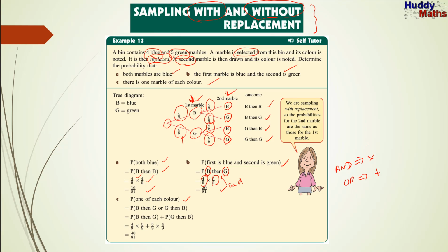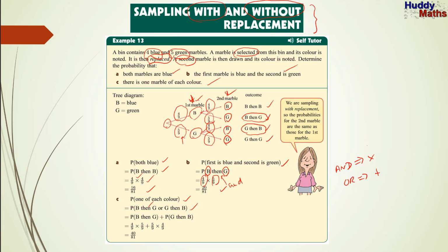One of each colour. Or, look out for that. We better go back and have a look. One of each colour. That's blue then green, or green then blue. Okay. They are 2 different colours. So you've got to put those down. Blue and green, or green and blue, or they've got the word then. I like and.